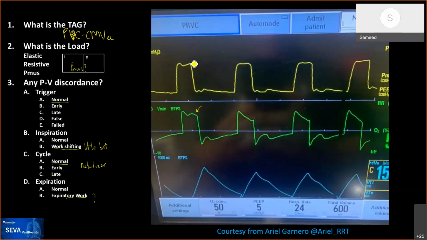Alrighty. So in terms of the tag, for those of you that are new to this way of doing it, what we do is we change the name of the ventilator mode, because every ventilator has different commercial names for a mode, and we convert it into a tag. And what this means is that the breaths are pressure control, and all are continuous mandatory ventilation. So all the breaths are mandatory.